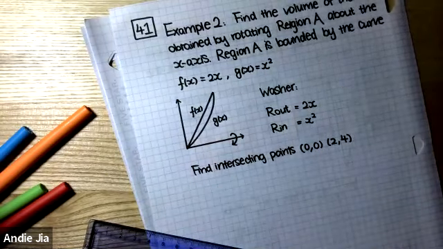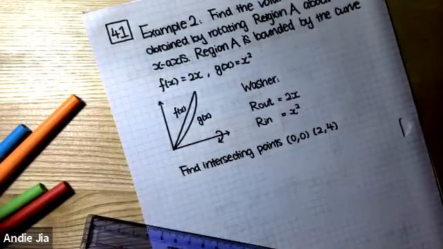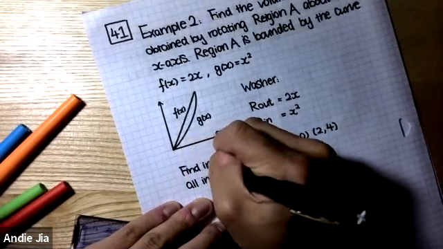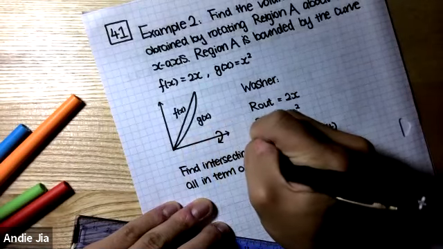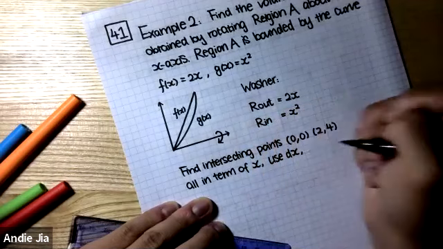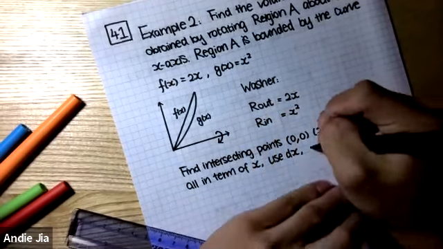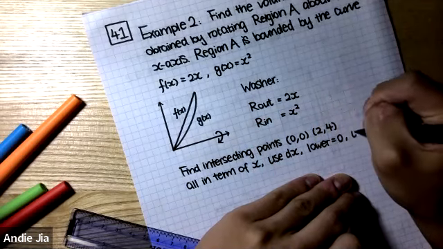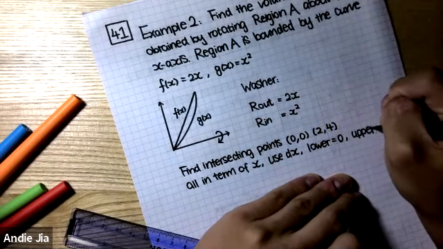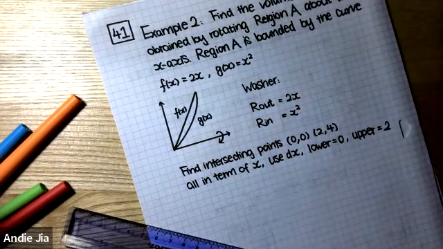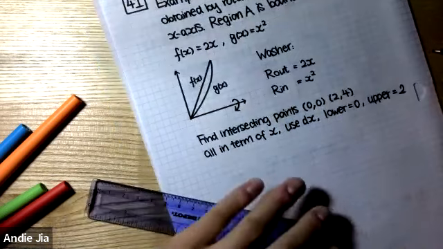They're all in terms of x, so use dx. The lower bound is 0, and the upper bound is 2.